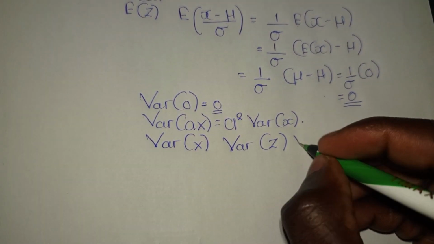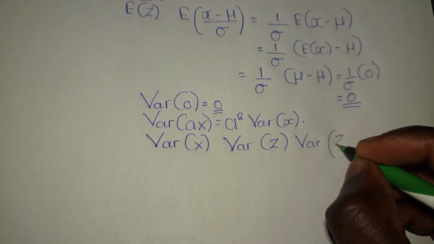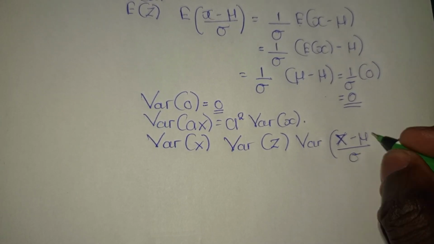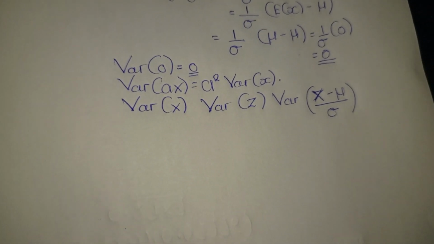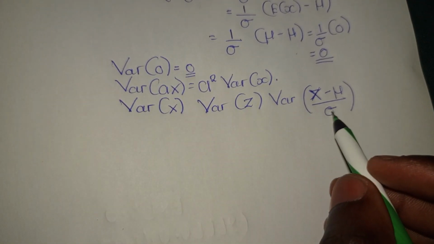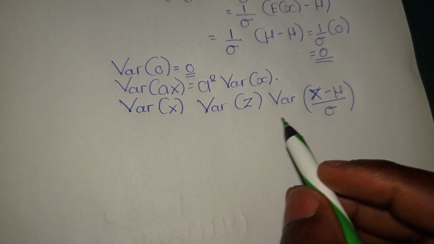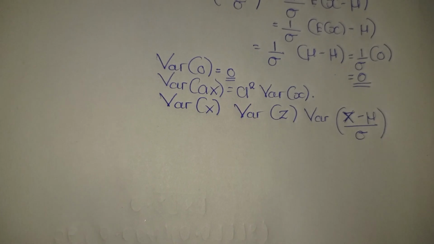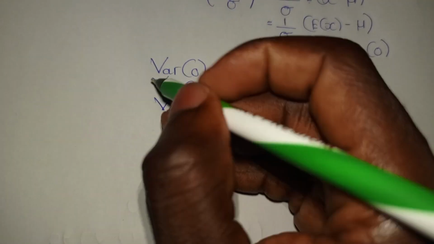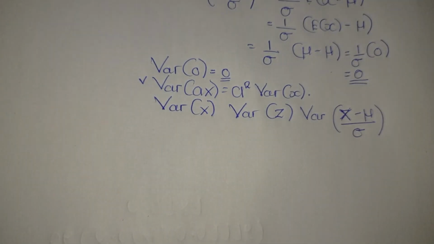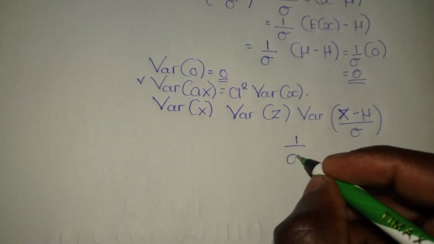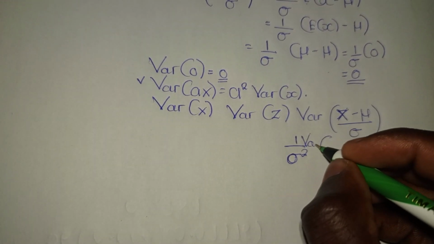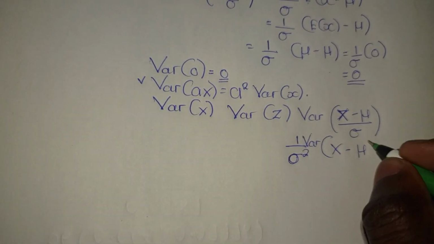So we will have the variance of (X minus mu) over sigma. Let us factorize sigma and bring it outside. We are now dealing with property number 2, so we will have 1 over sigma squared, open bracket, the variance of (X minus mu).